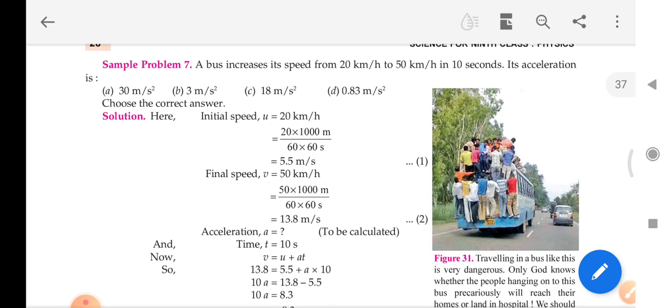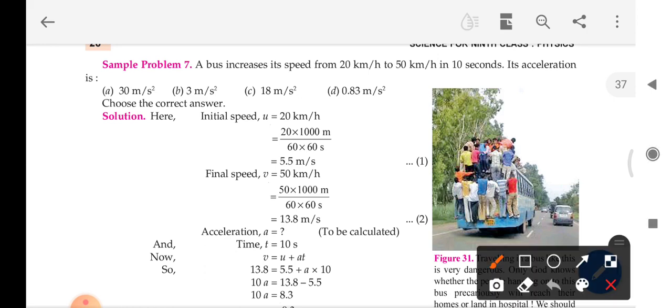The next sum. A bus increases speed from 20 km per hour to 50 km per hour in 10 seconds. Its acceleration, you have to choose the answer A or B or C or D. So here the initial speed u equal to 20 km per hour.